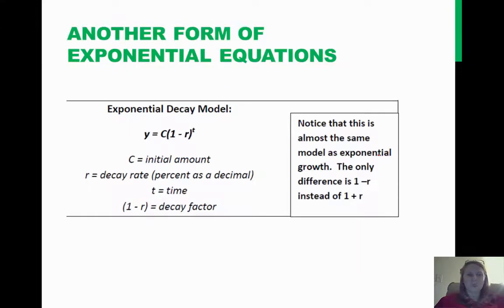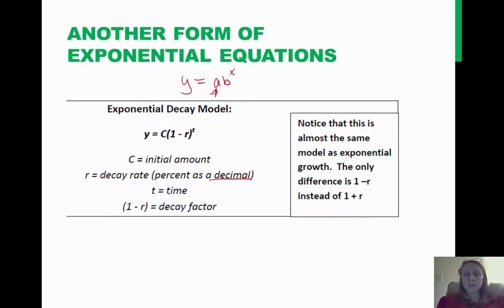Okay, so another form of an exponential equation besides what we just learned, which was the y equals a b to the x form, is this one: y equals c times 1 minus r to the t, where c is our initial amount. That was the initial amount a. r is our decay rate, and it's always expressed as a decimal.